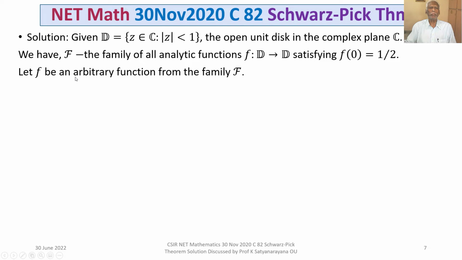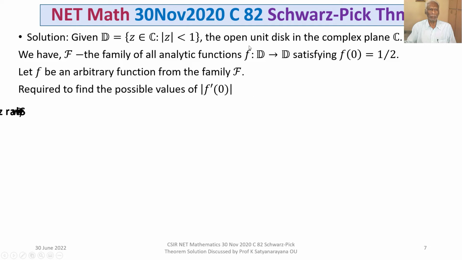Let f be an arbitrarily chosen function from the family. Therefore, f of 0 is equal to 1 by 2 for this f also. Required to find the possible values of mod of f prime 0.